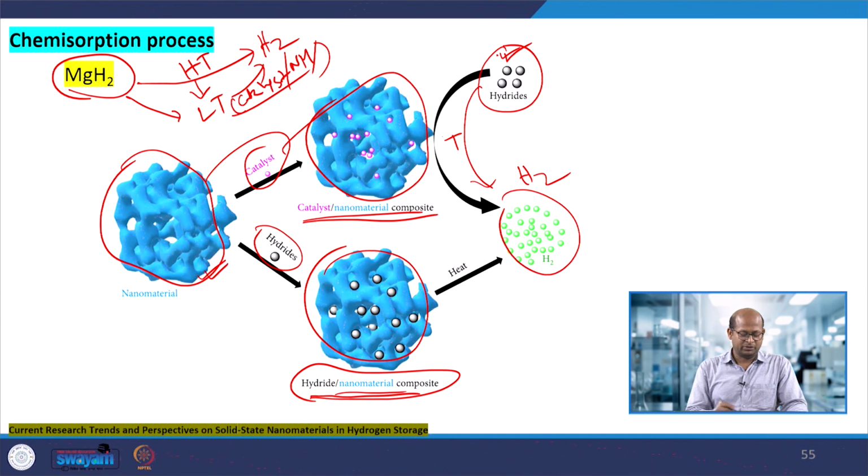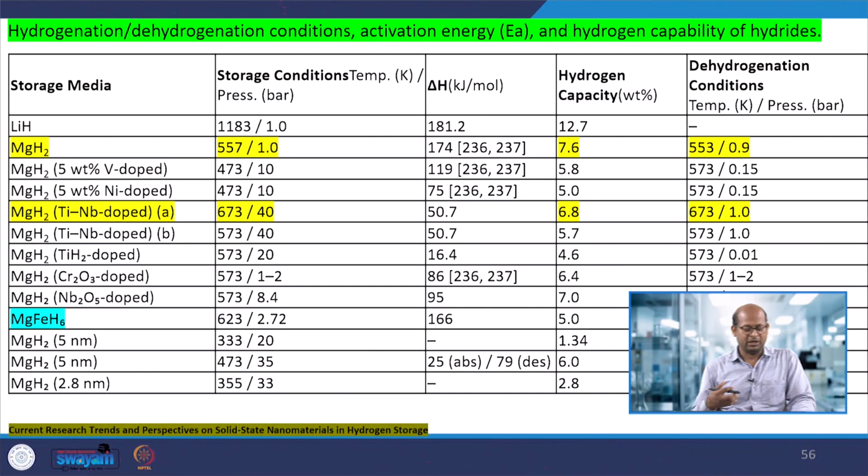Many methods are there, where nanomaterials and hydrides are both mixed. Then in this type of composite, the nanomaterials will be distributed in the crystals of the hydrides, and if we heat it up, we can generate hydrogen. Just by physical mixing with the hydrides, we can get hydrogen reversibly from those materials.